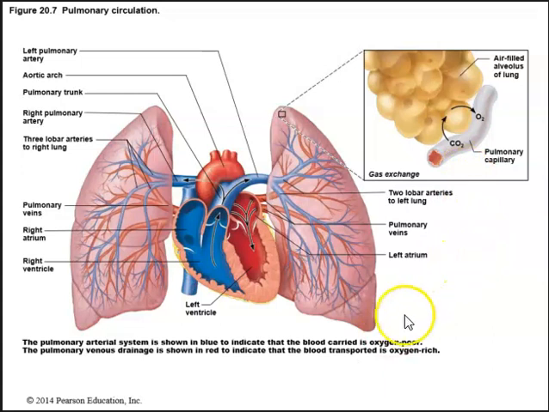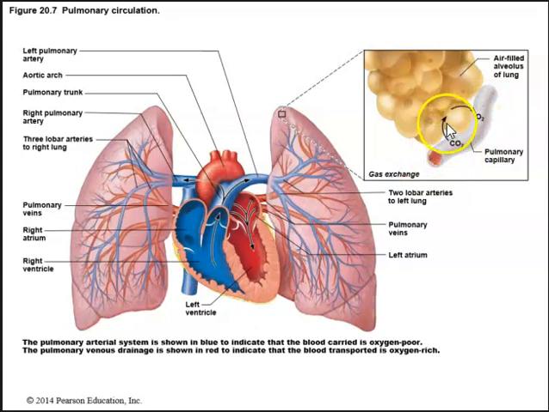So we see that the smallest structures within the lungs are alveoli. These are sac-like structures that look like grape clusters, and they're very thin-walled. We can see gas exchange occurring between the alveoli and the pulmonary capillaries.